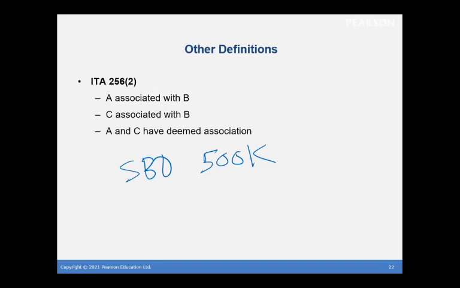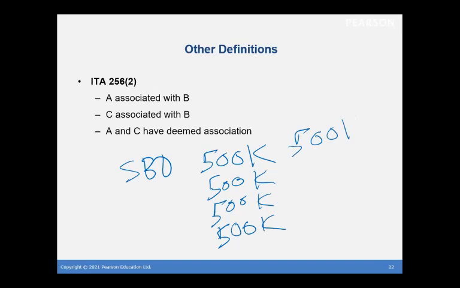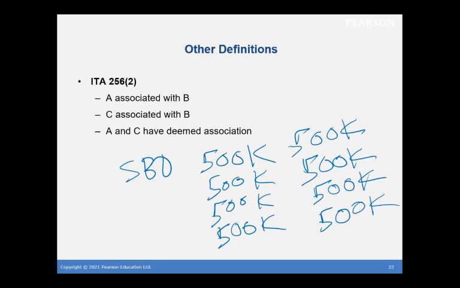If I wanted to improve my odds here, I would just open up another corp and another corp and another corp, and I would split my company into as many corporations as I possibly could and just keep getting 500K over and over and over again. And nobody would ever pay the large corporation tax rate. I would just keep multiplying that.